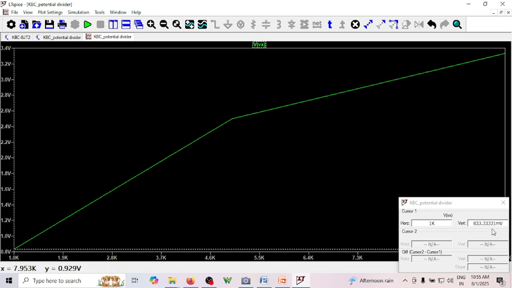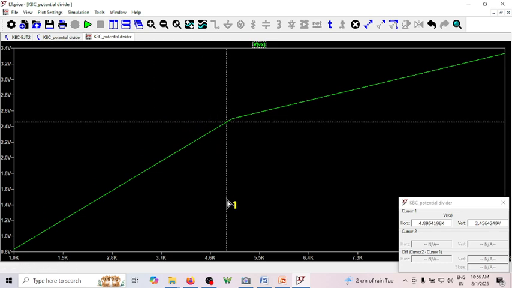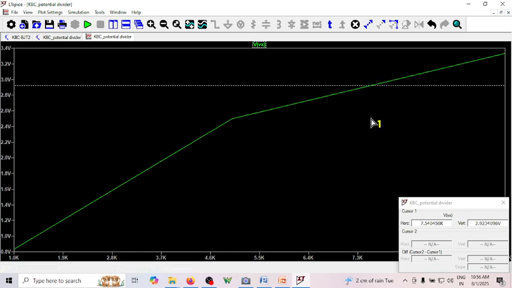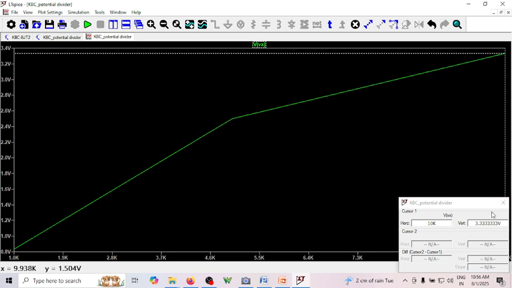Can you see it is 833 millivolt? And of course in between this is not valid because it has simply plotted the graph, so it has joined the three points with lines. So this is for 5k. For 5k you can see it is 2.5 volt. For 10k, it is 3.33. So this is one way, listing in terms of the value of R2.